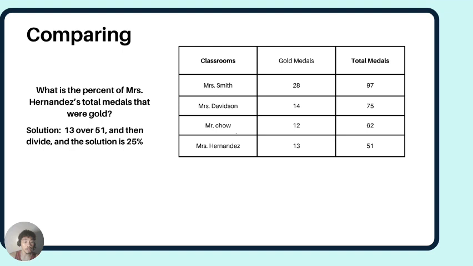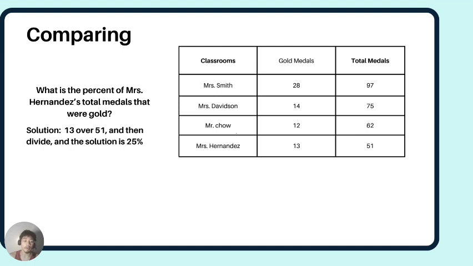And in this other example, we are looking for the percent of Mrs. Hernandez's total medals that were gold. So Mrs. Hernandez had 51 total medals and 13 gold medals.